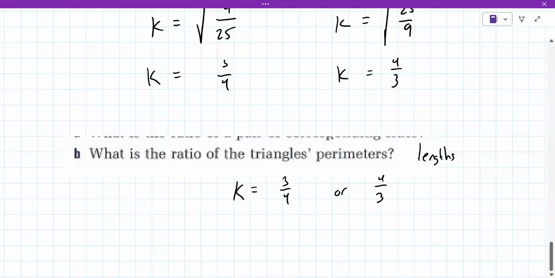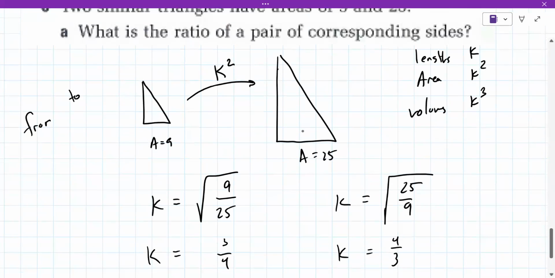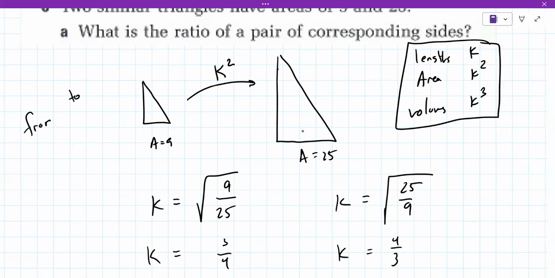Lengths are always in the same ratio. It doesn't matter if it's multiple lengths like the perimeter, it's still considered lengths. So this would go on your reference sheet. Lengths k, area k squared, volumes k cubed. You'd want to somehow remember that.